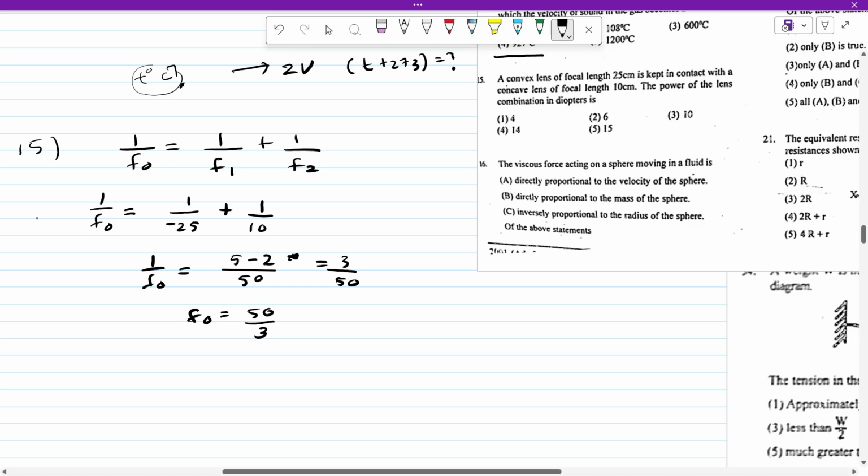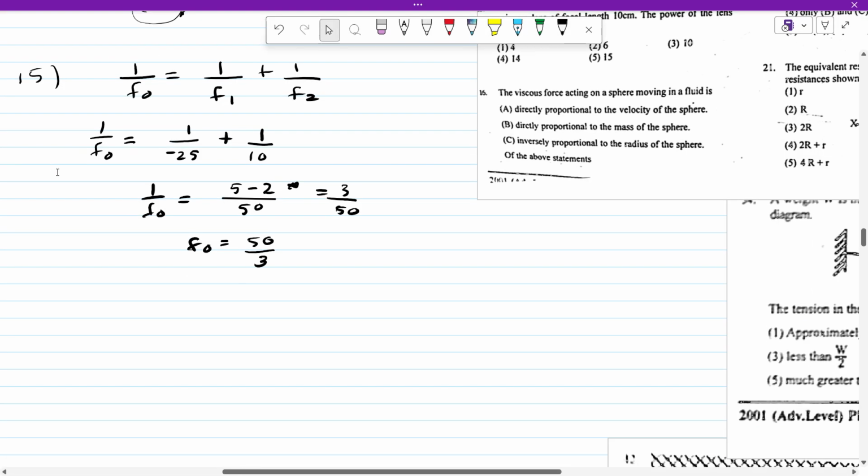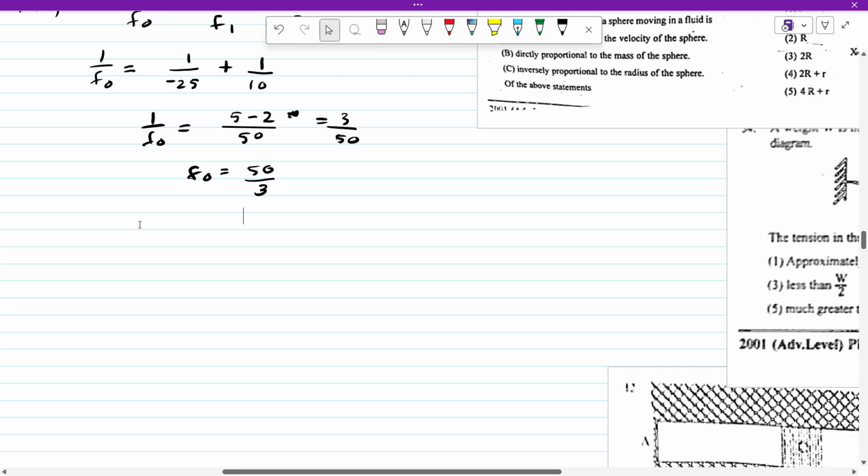Then the combination in power of the lenses, combination in diopters. Now the combination focal length is found. Now the power. For the power we know P equals 100 divided by F naught.